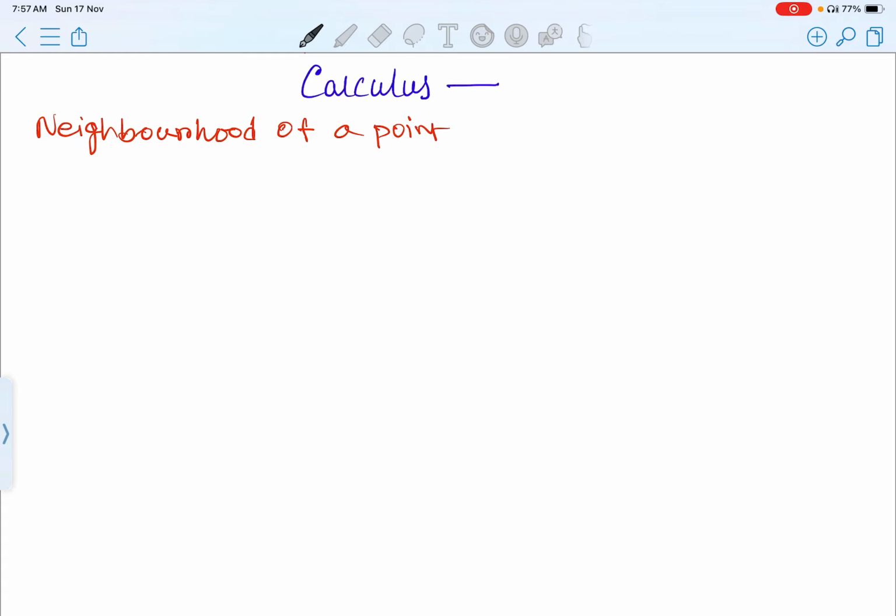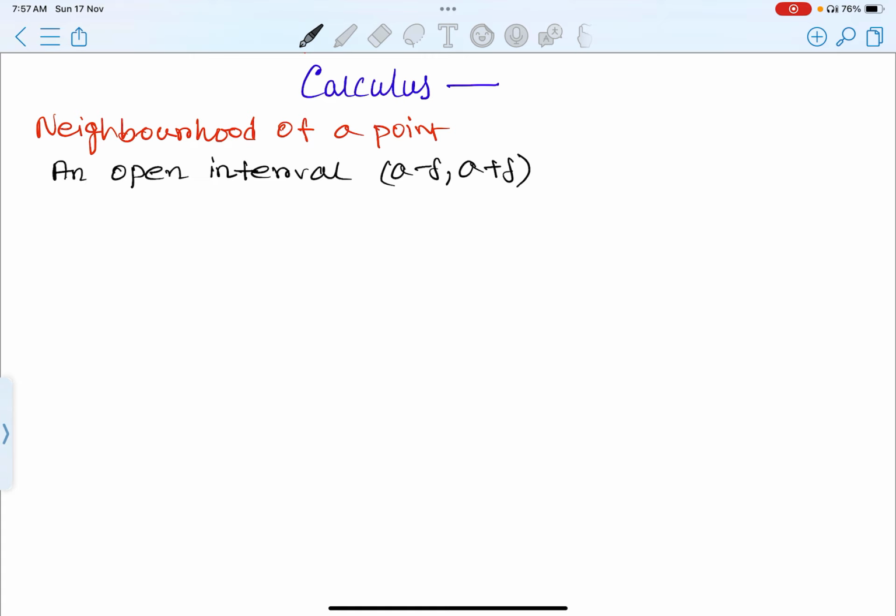Try to understand. I think you know what an open interval is. Okay, first I write the mathematical definition. An open interval (a minus delta, a plus delta). Okay, this is an open interval, where delta is a positive real number.